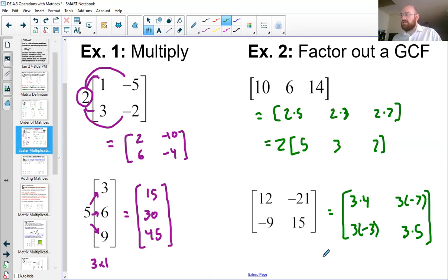Now we can really clearly see that 3 is a common factor in each entry. So we can factor out the 3 to have the matrix 4, -7, -3, 5.